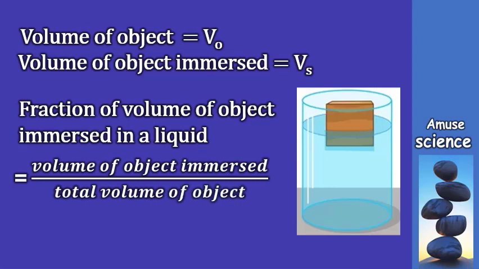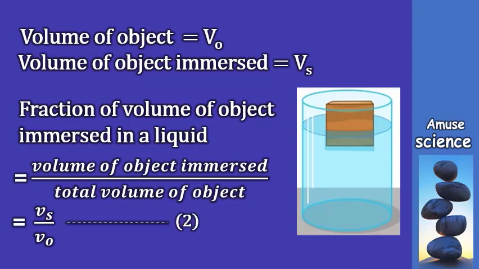And so using the symbols above, we can write that the fraction of the volume of the object immersed is equal to Vs divided by Vo. That is the volume of the object submerged divided by the total volume of the object. Now let's name this also equation 2.